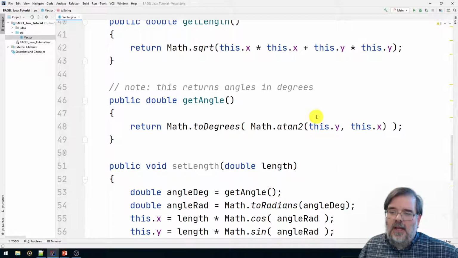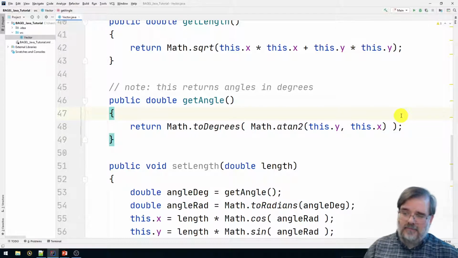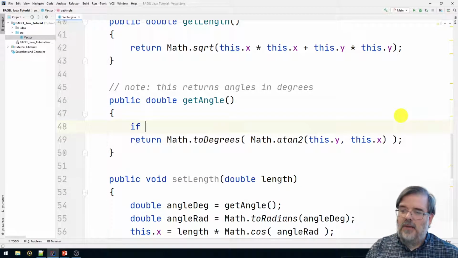All right. The other thing we should probably pay attention to here in get angle is what if both of these values are 0? If your vector is 0, 0, if your vector is effectively just a point, what should the return value be? And so we should probably add this in as a special case.